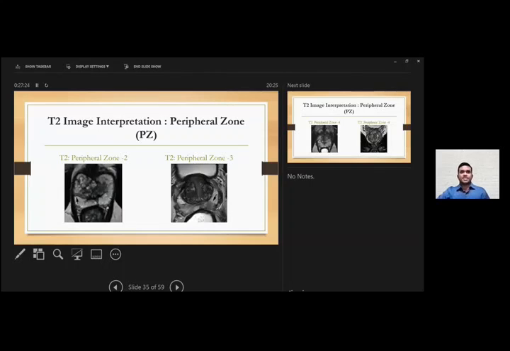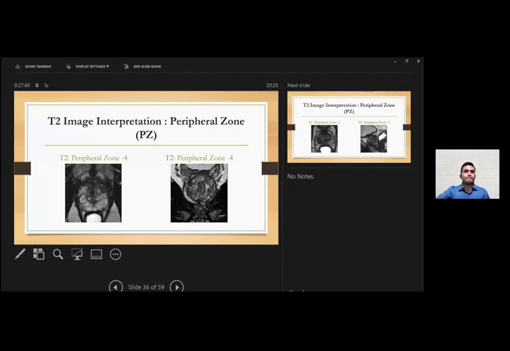If there is slight wedge or band-shaped hypointensity, which is not having any mass, then it's probably characterized as 2. And a peripheral zone which has indistinct mild hypointensity is characterized as 3. Whereas if there is significant T2 hypointensity with probable extracapsular bulge, it's characterized as 4.